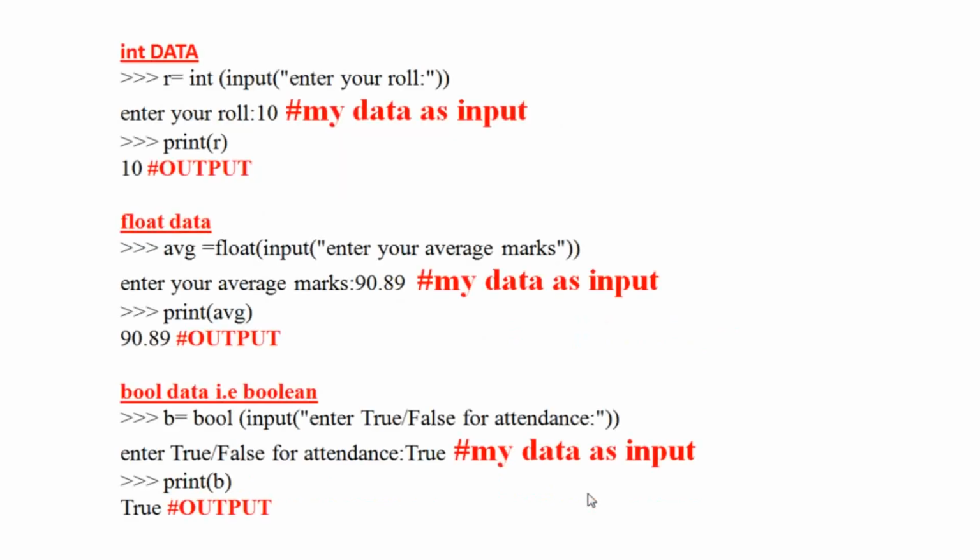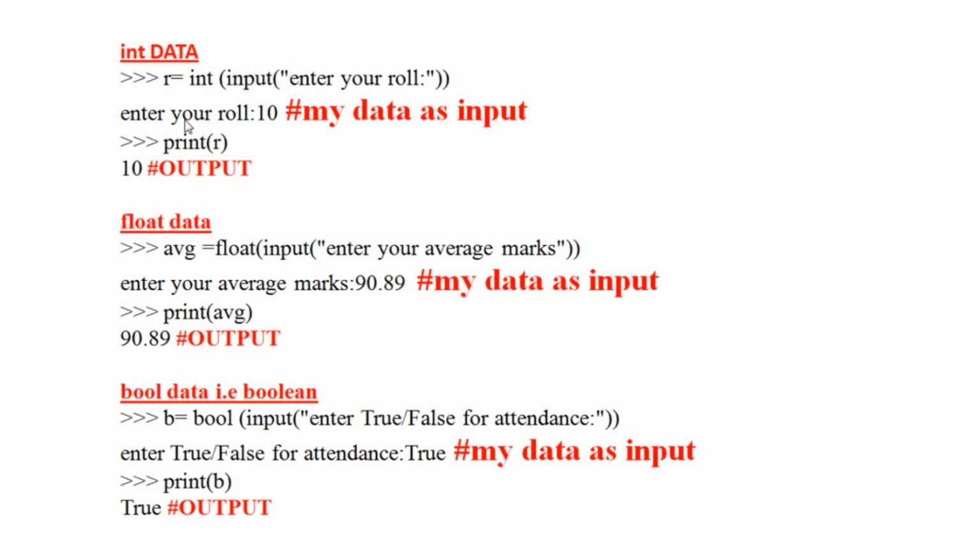Let us see that. For int data type, what do you say? Enter your roll. So this is the entire command. Now this is getting converted into integer type. So one extra thing that you are doing is int, parenthesis open, write the input command, and then another parenthesis close for int.